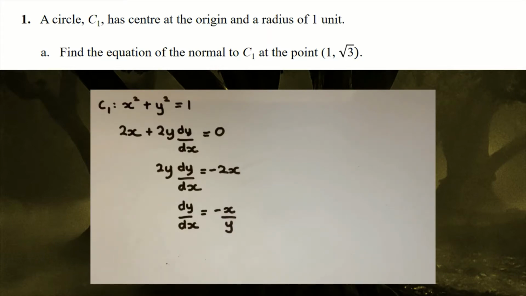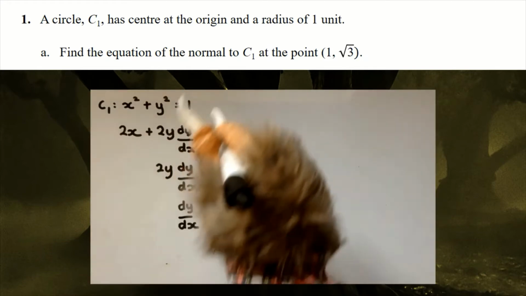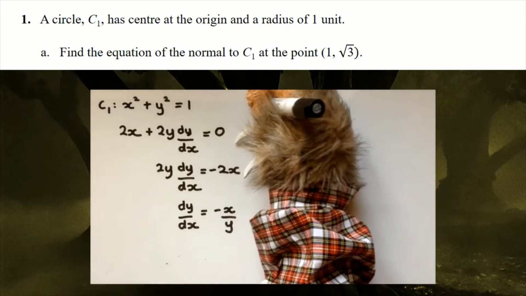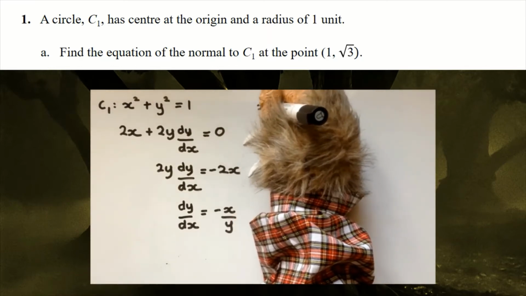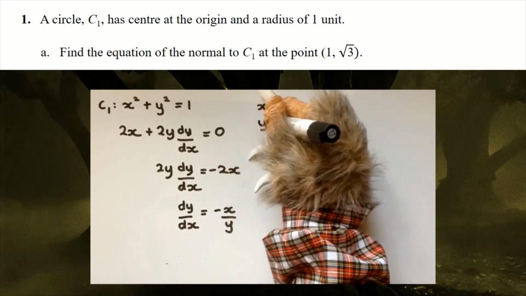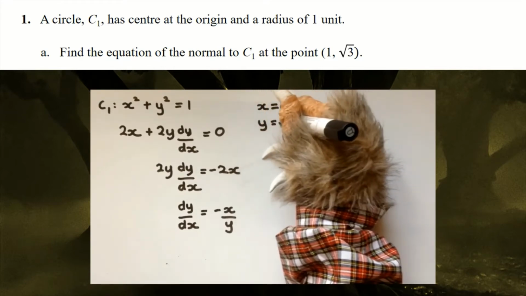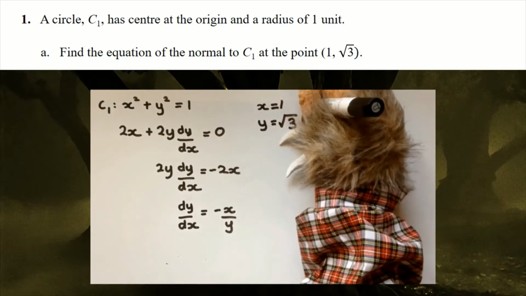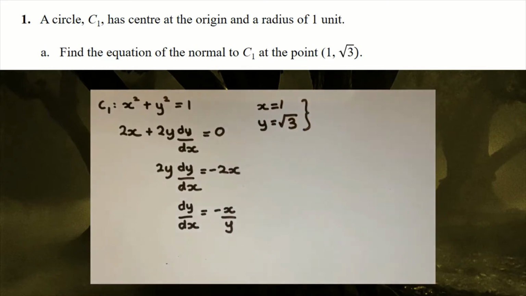At this particular point, we know that x equals 1, and y is equal to root 3. Because we know that information, if we substitute it in, we'll get the gradient at that point of the curve.